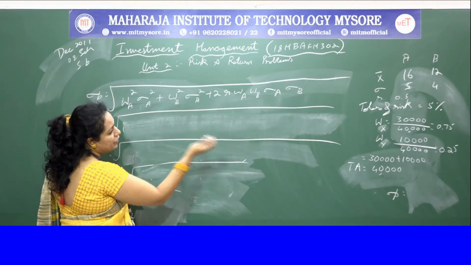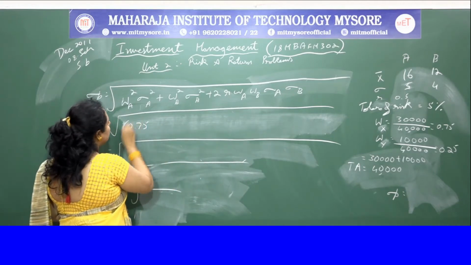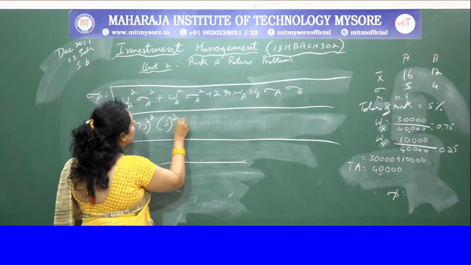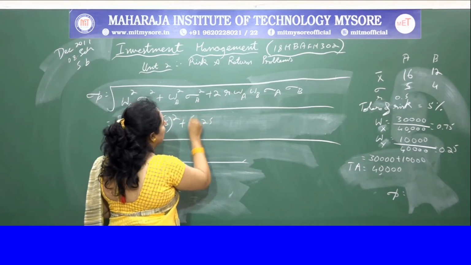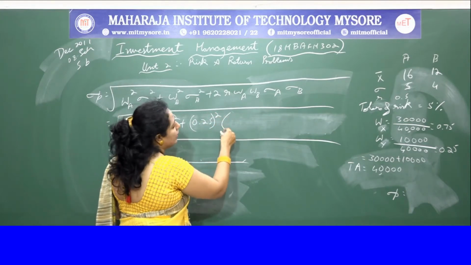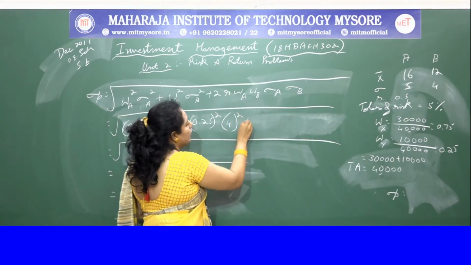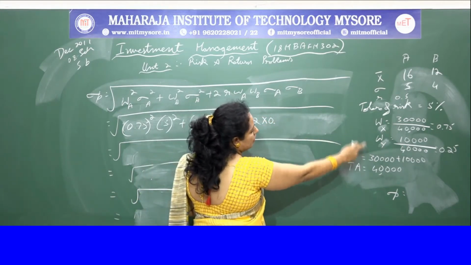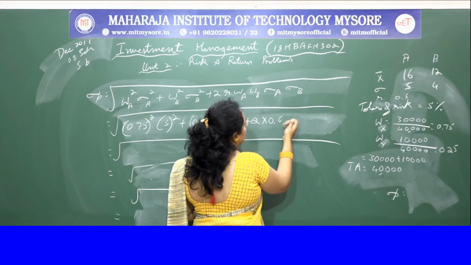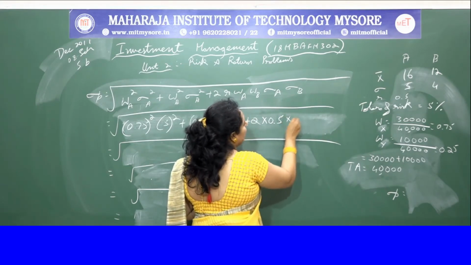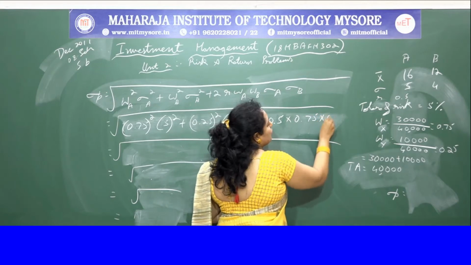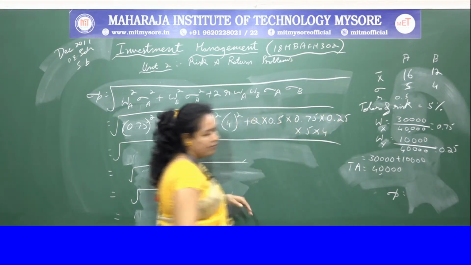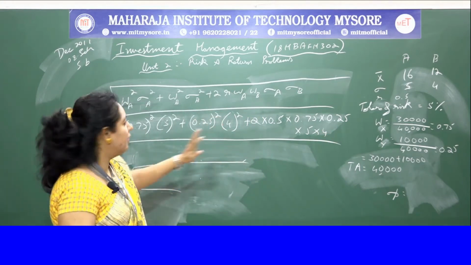I'll write here: weight of X is 0.75 squared and standard deviation is 5 squared, plus 0.25 squared and standard deviation is 4 squared, plus 2 into rho, which is 0.5, into 0.75 into 0.25 into 5 into 4. Okay, this is the substitution which I have made.